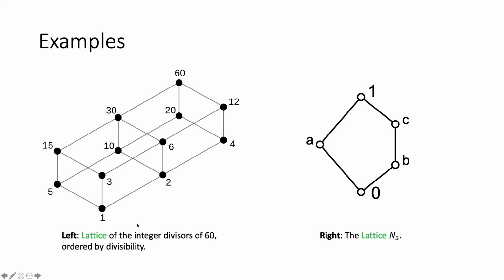This is a cool lattice because the meet of any two elements corresponds to the greatest common divisor of those two elements, and similarly, the join of any two elements is the least common multiple. And then here on the right, I have a little stranger example of a lattice, just to show you that there are nastier looking pictures that can be lattices.